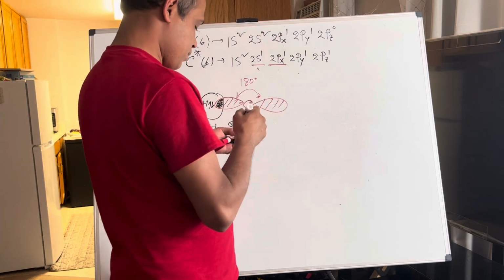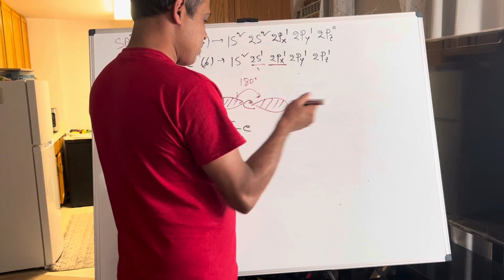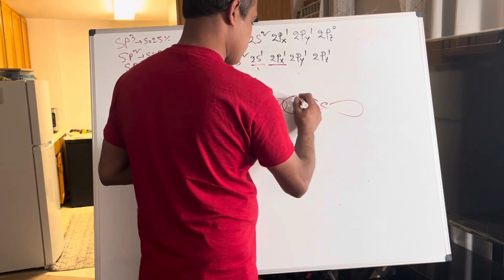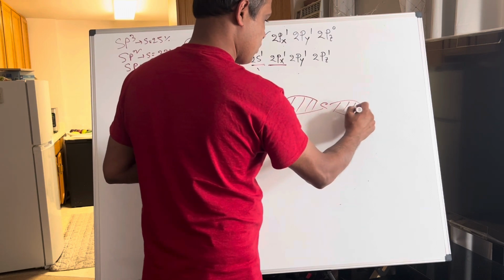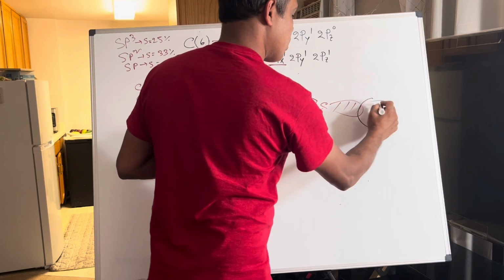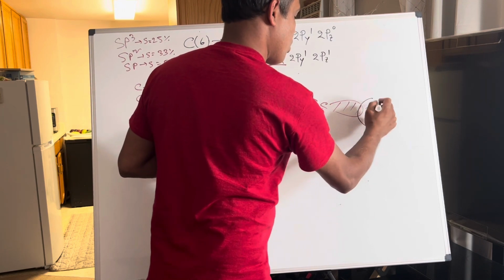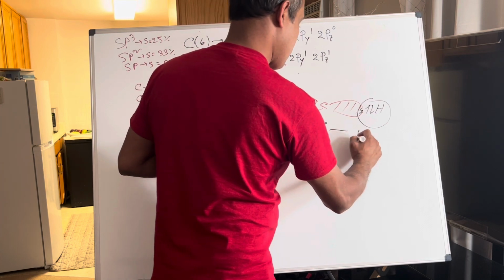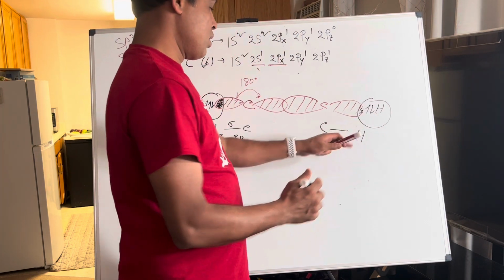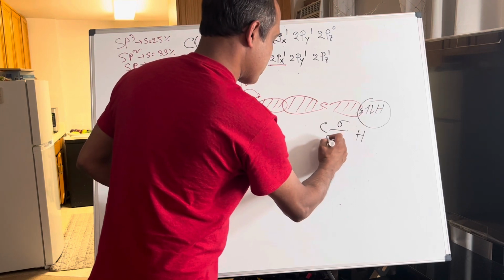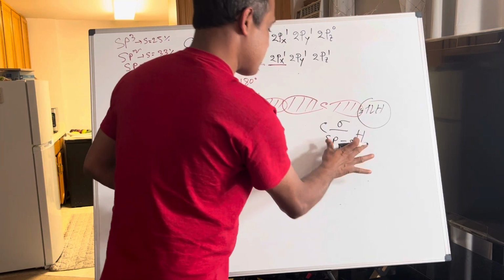And here, when a similar kind of another carbon comes, and here one hydrogen comes with one electron, this carbon forms another sigma bond. What kind of sigma bond? We can say s-sp sigma bond.